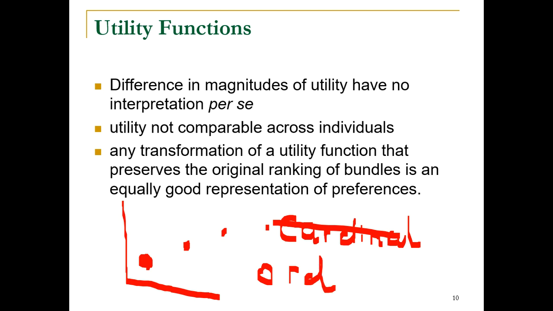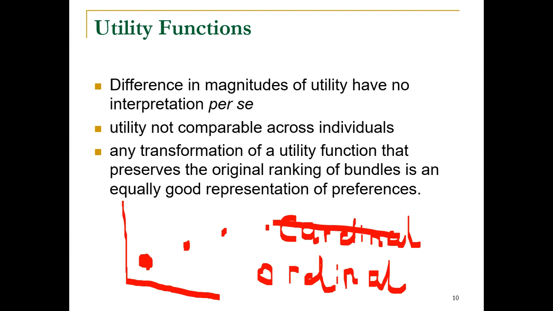There are two approaches: the ordinal and the cardinal. Using the ordinal approach to measurement of utility, we assume that we can rank utility. I derive much utility from this bundle, more from that bundle. But the key with the ordinal approach is that we don't assign actual figures.